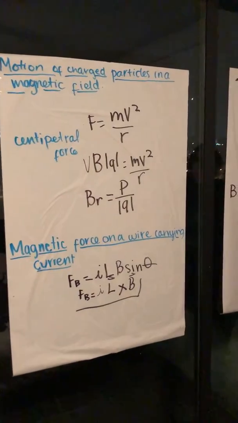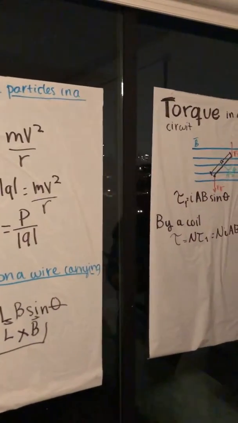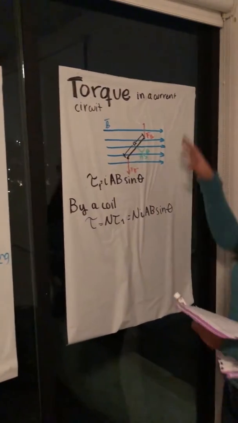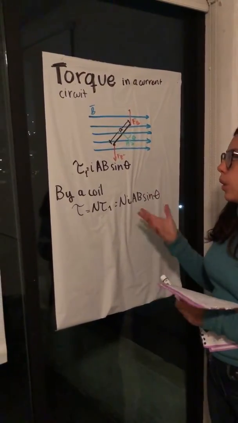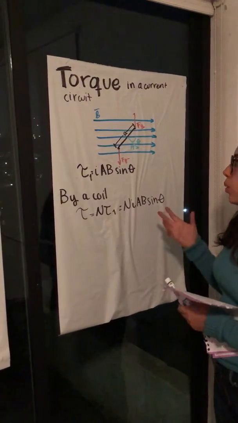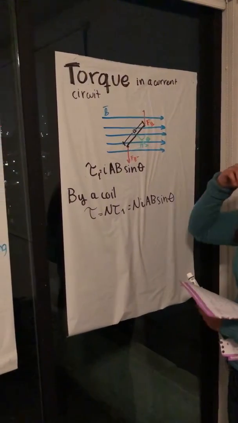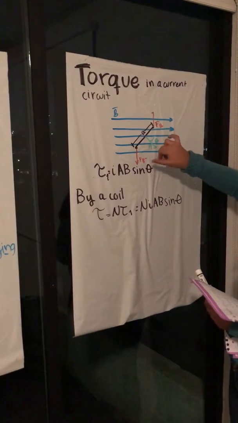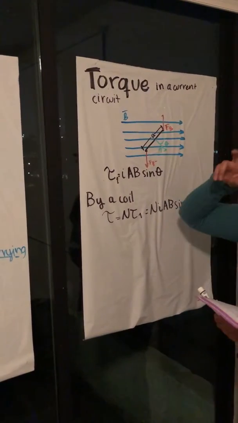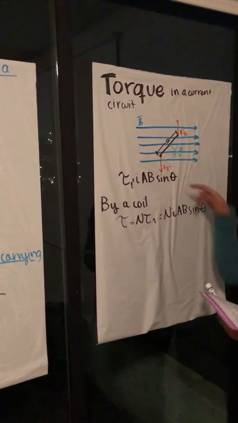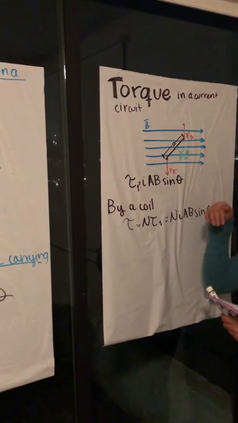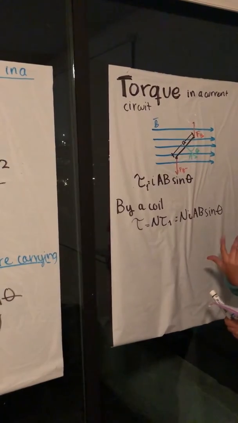So another important topic is torque in a current circuit. This would be an overview of what is going on in a coil. Well, this would be a simple loop. And we can see that it has two different magnetic forces being applied, but they are the same, just that one is going downwards and the other one is going upwards.